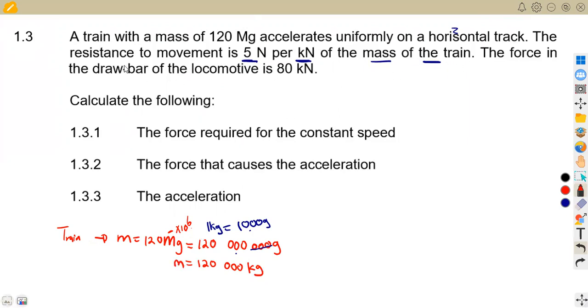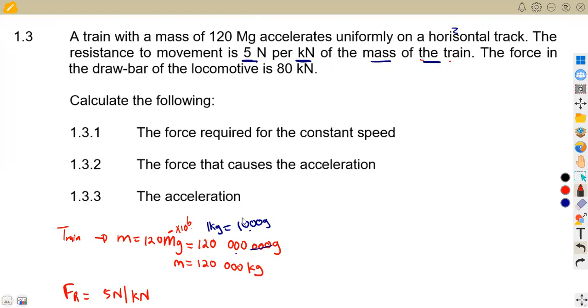Okay, so this is the mass of the train. Then we are given the resistance to the movement. So the resistance now is the resistive force, which we can write as Fr. We are given that it's 5 Newton per kilonewton of the mass of the train. Take note of the mass of the train.